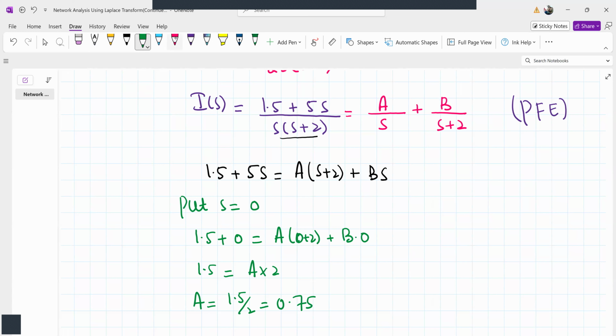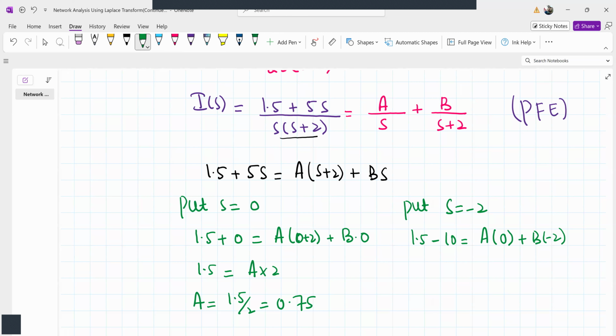Similarly, in order to find B, we'll put S equal to -2. So we have 1.5 minus 10 will be equal to A into 0 plus B into -2, right?